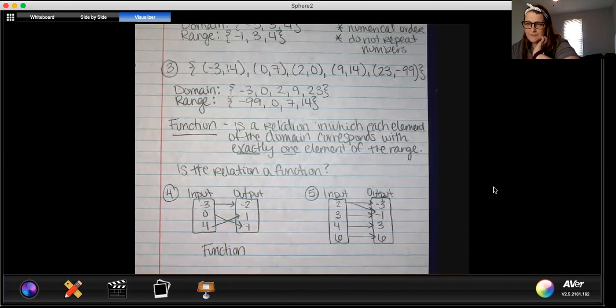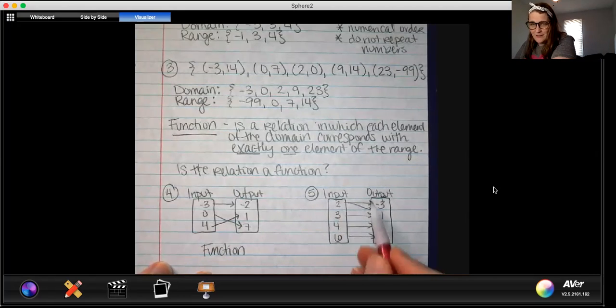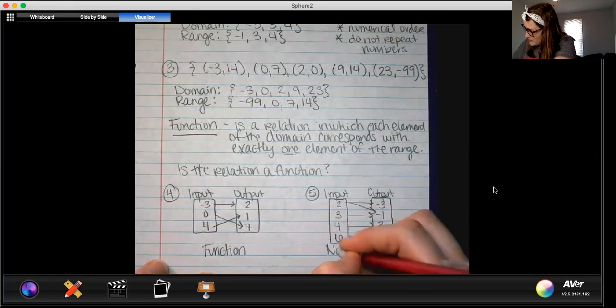How about number 5? Does every element of the domain, or the input, correspond with exactly one element of the range, or the output? And the answer is no. It doesn't, because 2 has 2 different output values. It has 2 arrows. So this is not a function.